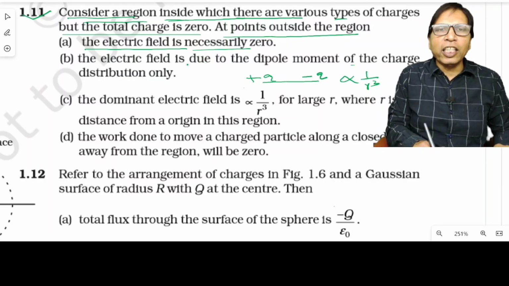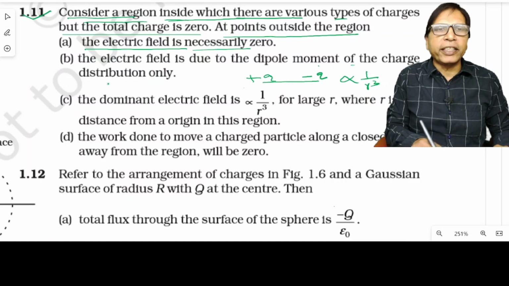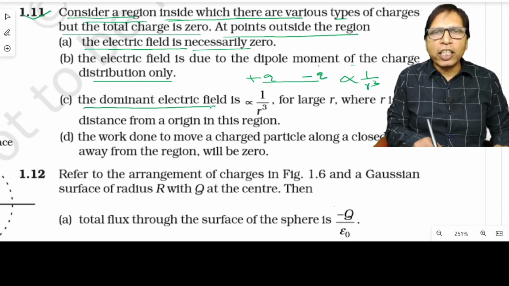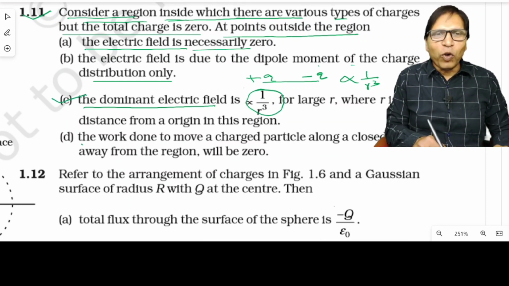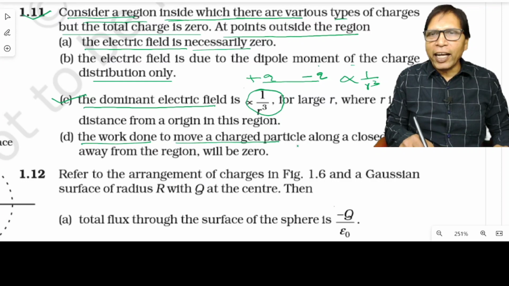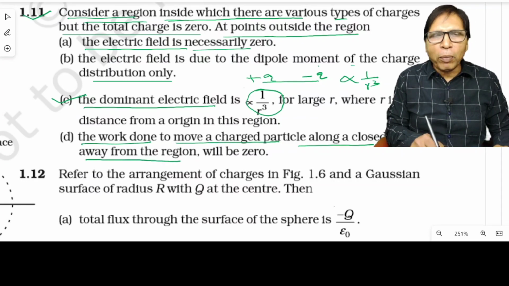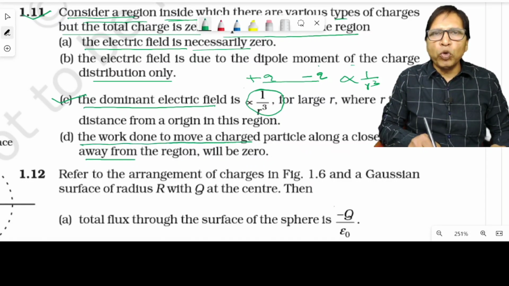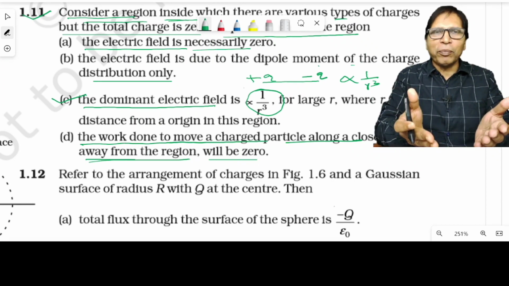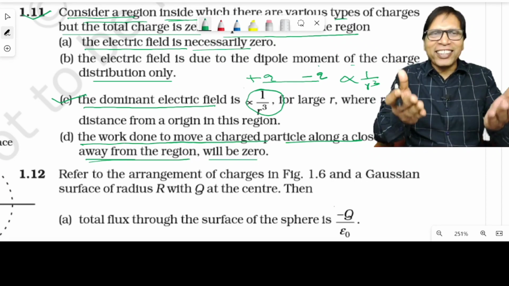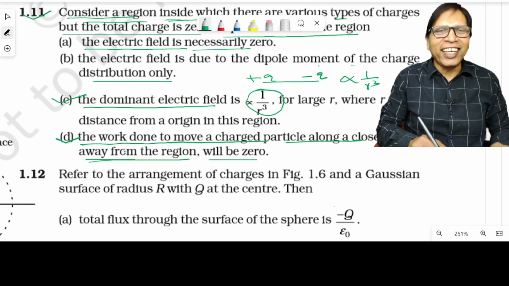The electric field is due to the dipole moment of the charge distribution only? No, the dominant electric field is proportional to 1 by r cube. This is correct. The work done to move a charged particle along a closed path away from the region will be 0, as the electric field is conservative, so work done in a closed path is always 0. So options C and D are correct.